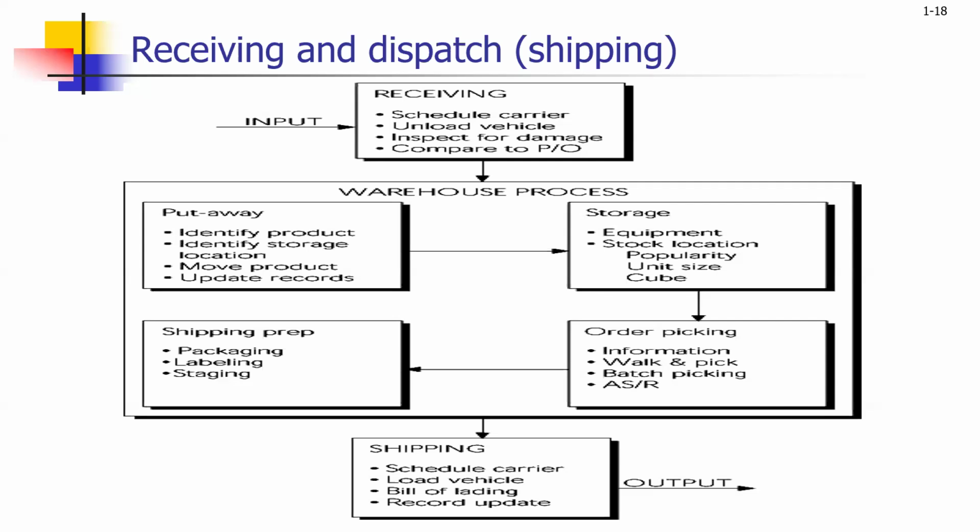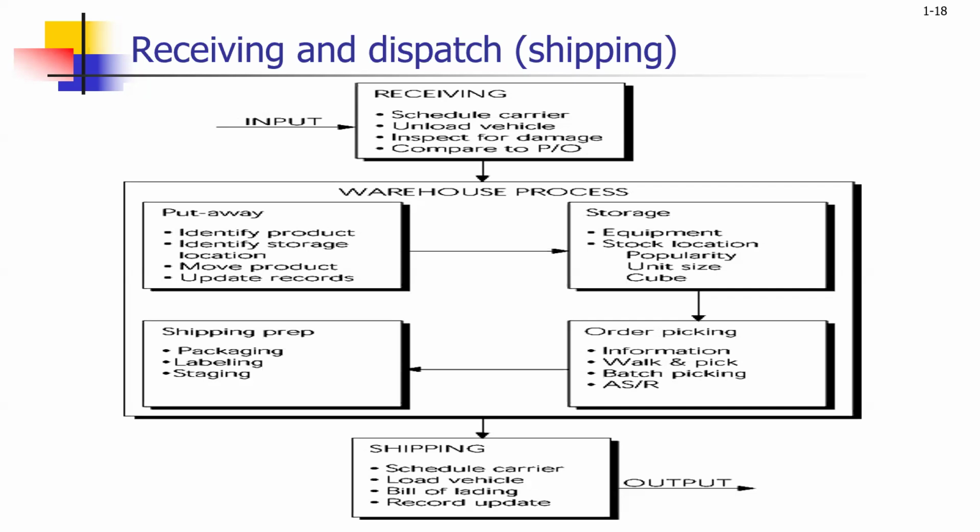And then order picking, whether you're going to do batch, discrete, or whatever, and then it will get shipped to the customer. So this is the procedure that things go through in the warehouse until it is loaded and sent to the various customers.